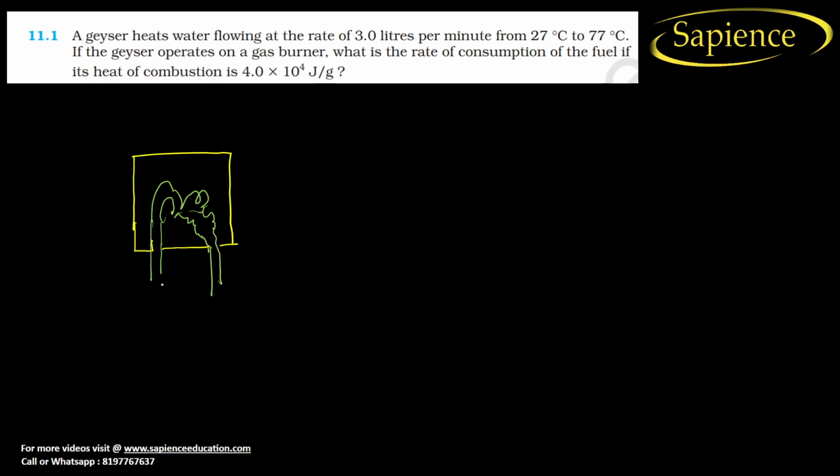So this will be water in at 27 degrees Celsius and water will come out at 77 degrees Celsius. So the temperature difference is how much? 77 minus 27, so this will be 50 degrees Celsius. Okay, so this is the geyser, right?